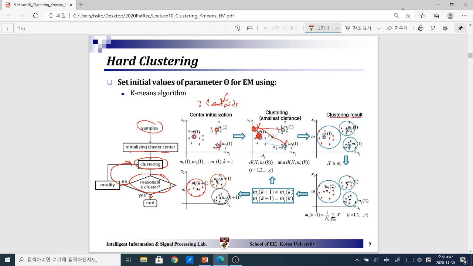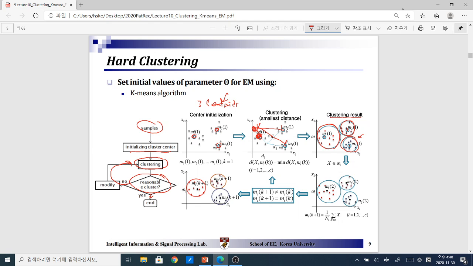Let's say these samples that are encircled by this belong to, say, M1, and those that are closest to M2 would then be assigned to belong to M2, and those of the samples that belong to M3 would be encircled here.